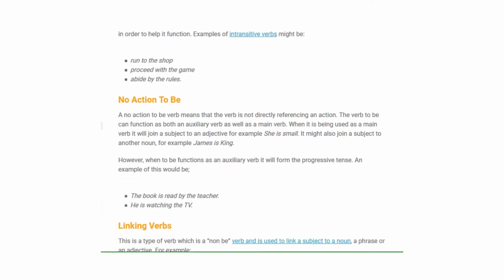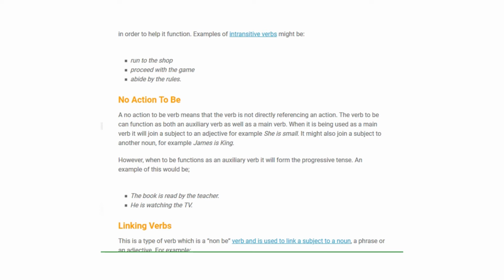So we have now the non-action to be. A non-action to be verb means that the verb is not directly referencing an action. The verb to be can function as both an auxiliary verb as well as a main verb. When it's being used as a main verb, it will join a subject to an adjective, for example, she is small.